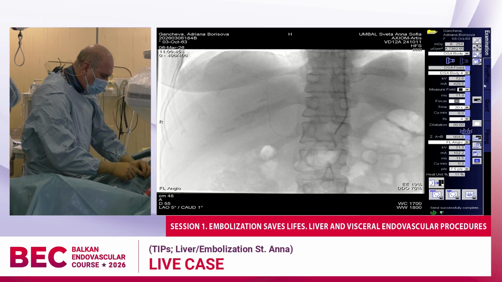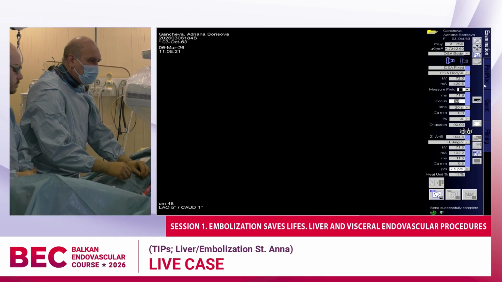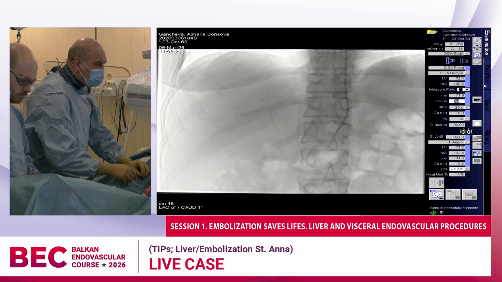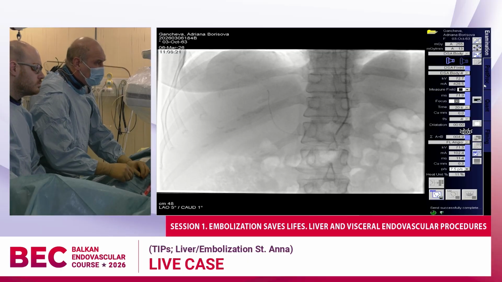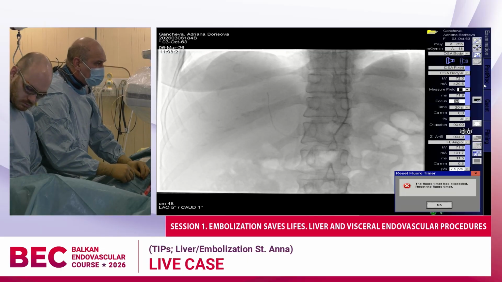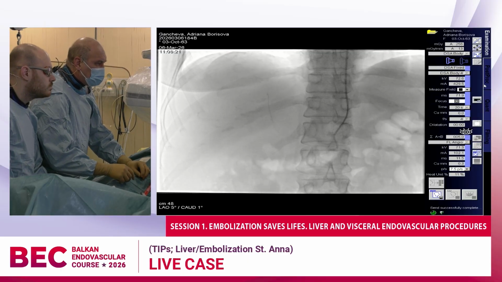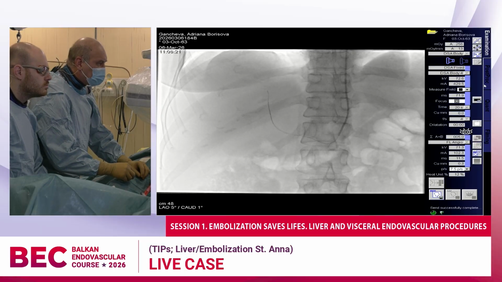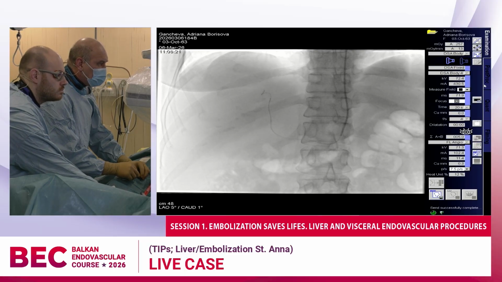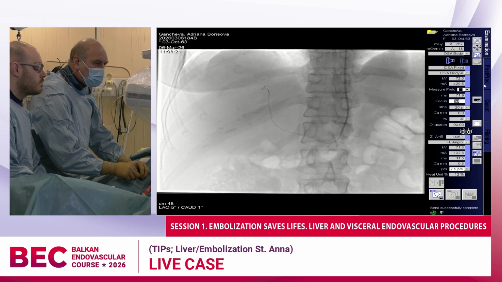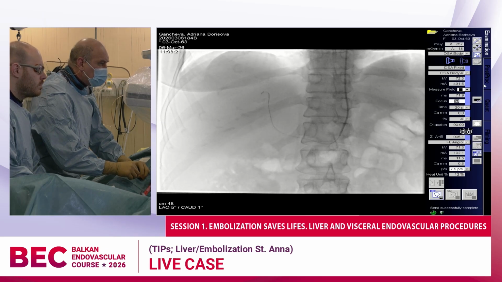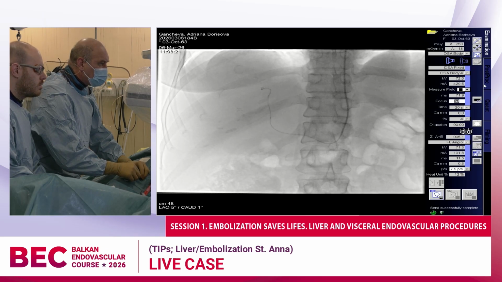And it is loaded with idarubicin. Idarubicin is a relatively new drug, and there are some data that compared to doxorubicin, it has a more favorable response of the tumor, and probably it's less toxic.